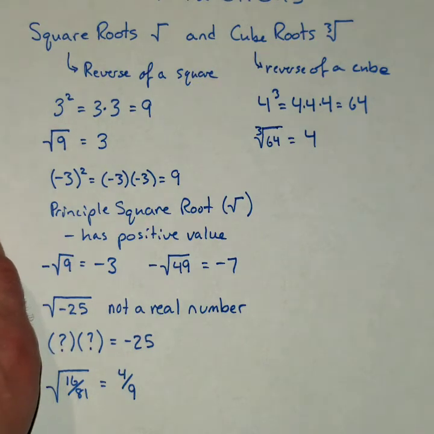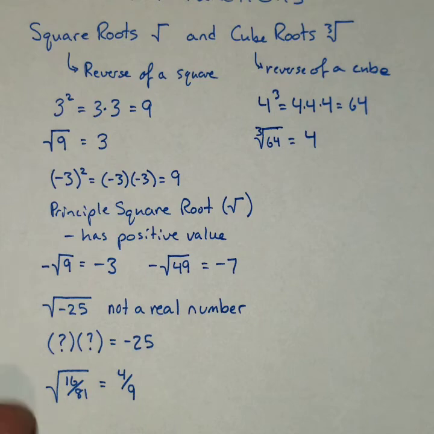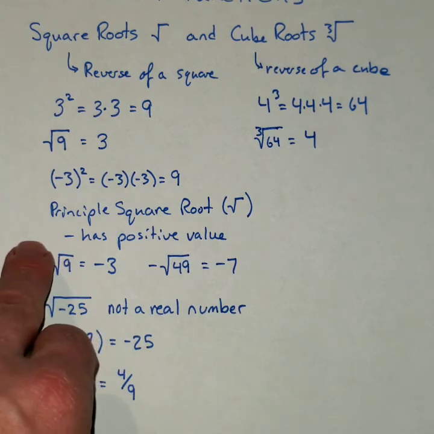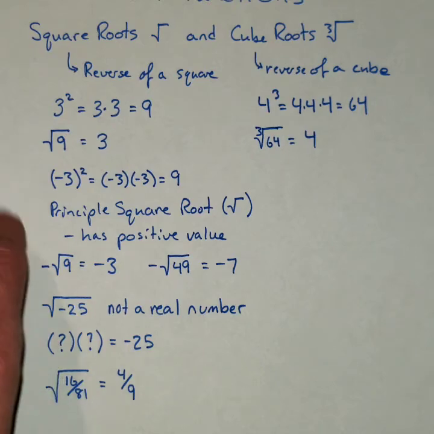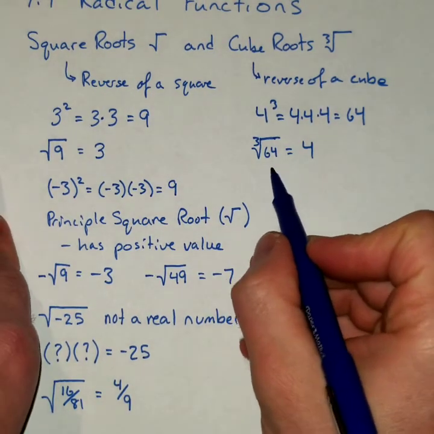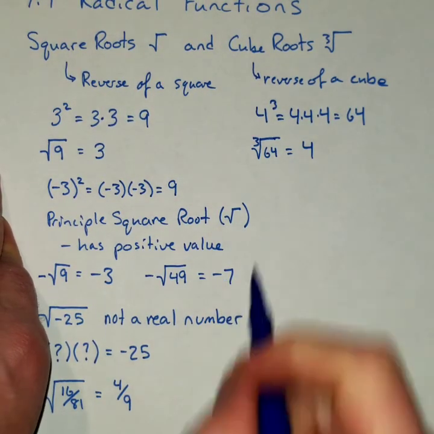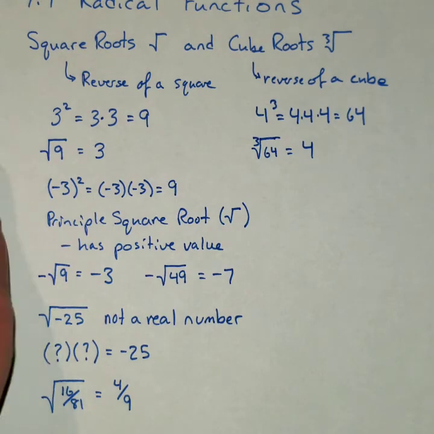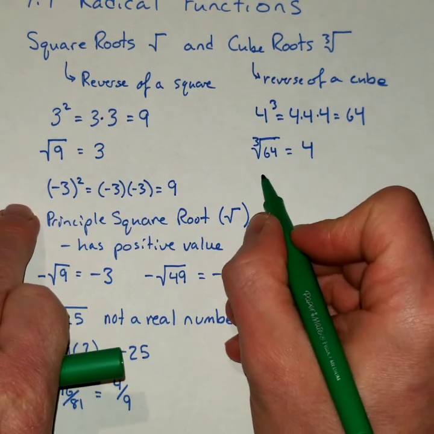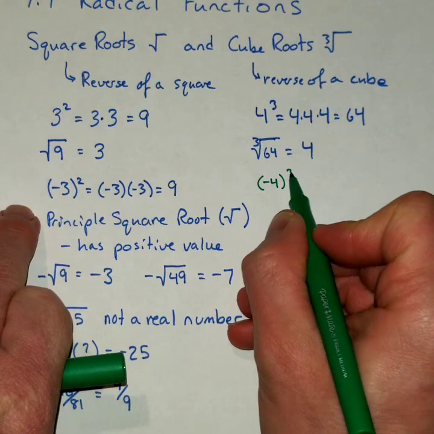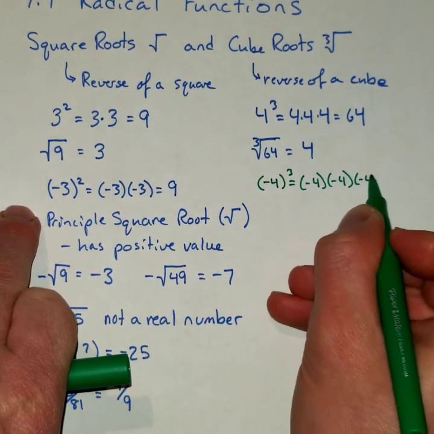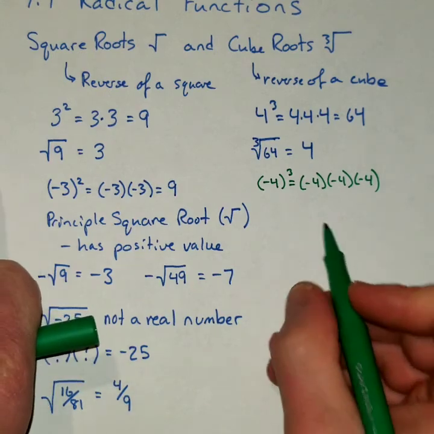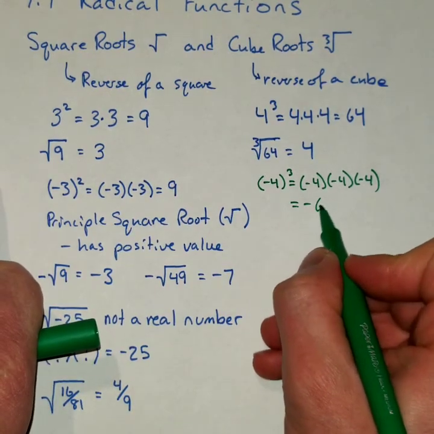Now the thing that's different about cube roots from square roots is that we don't need to specify a principal cube root, because cube roots always follow the sign of what's inside. If you notice, if I did -4 cubed, that's going to be 3 negatives multiplied together, which of course is equal to a negative.